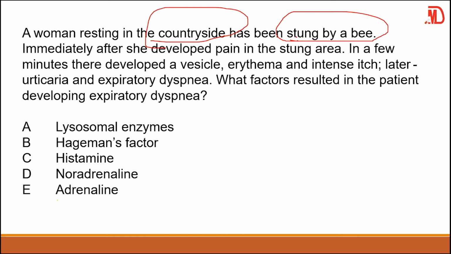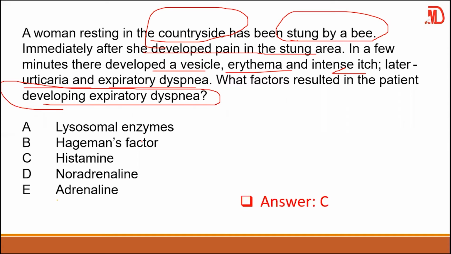Okay, but let's continue. Stung by a bee. Immediately after, she developed pain in the stung area. In a few minutes, she developed a vesicle, erythema, intense itching, lateral urticaria, expiratory dyspnea. Guys, all the question asks is what factor resulted in the patient developing this dyspnea? And your answer is what?